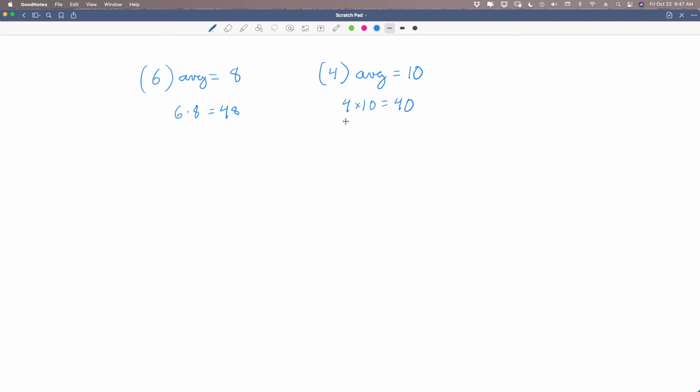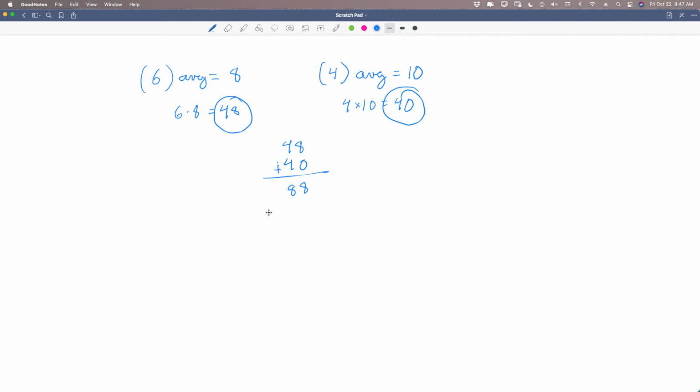Now we are going to put those together. Okay? We're going to take the sum here and the sum here and add them together. 48 plus 40. That gives us 88. That is our total number of all the numbers.